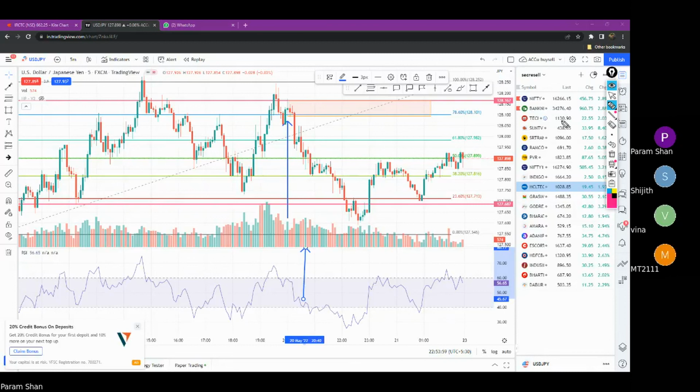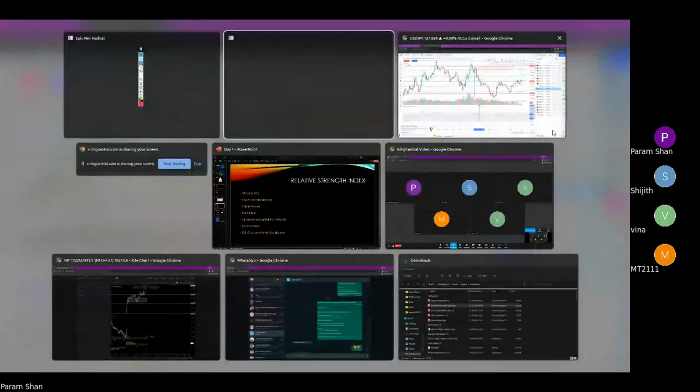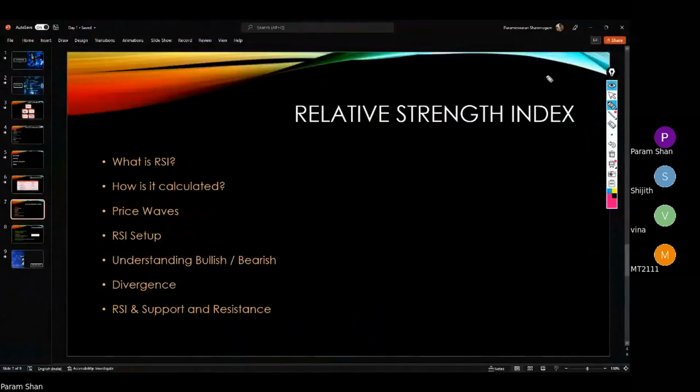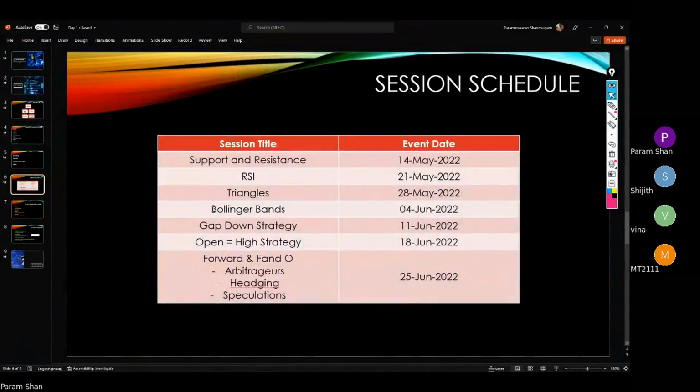Okay, glad to hear. All right, so we will connect next week with our next session. That would be triangles. We will be discussing mostly 3 different patterns. One is this triangle, and next one is this, and next one is this.